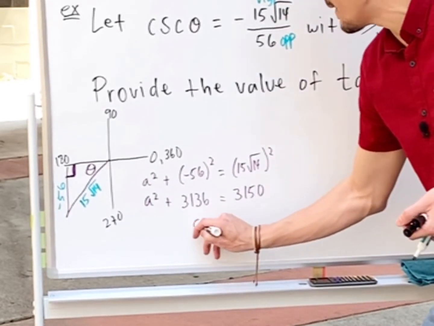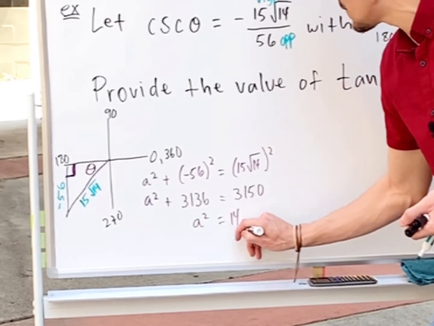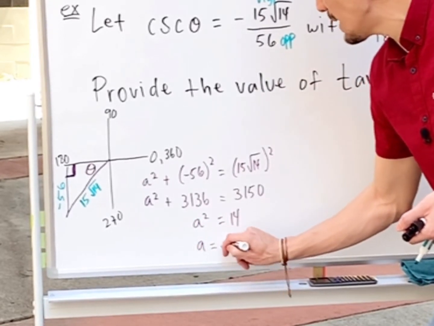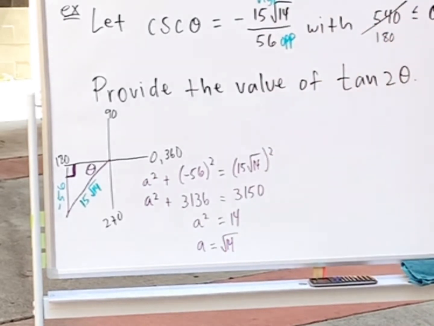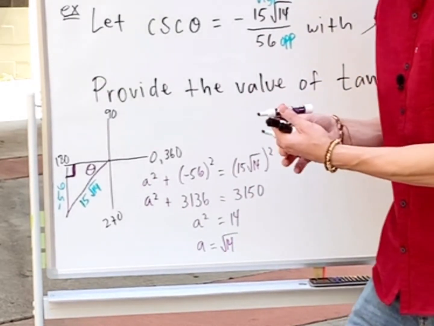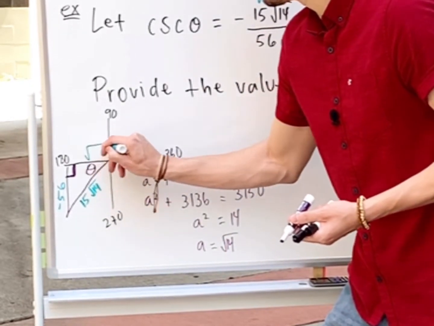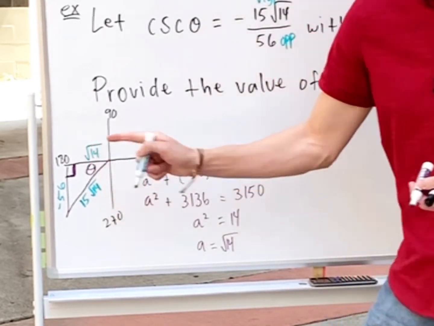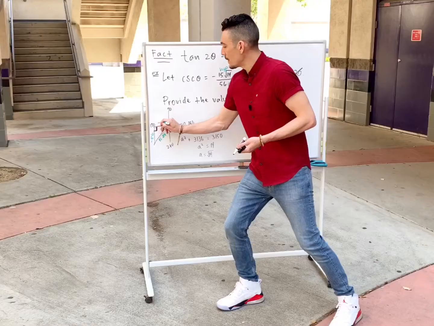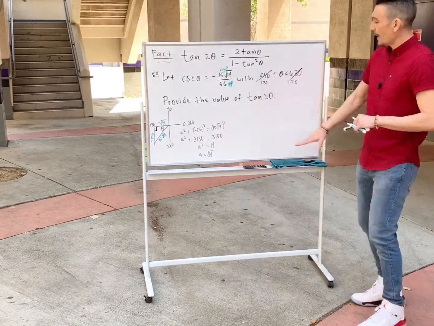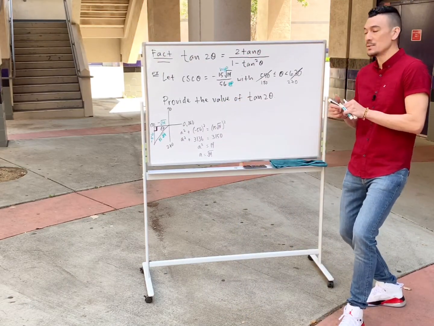Subtract this from A squared is 14, so A is square root of 14. That belongs here. However, what's missing, guys? What's missing? It should be negative because you move to the left. Now we're ready to proceed to the goal, tangent of 2 theta.